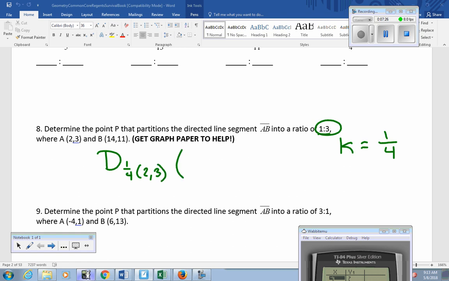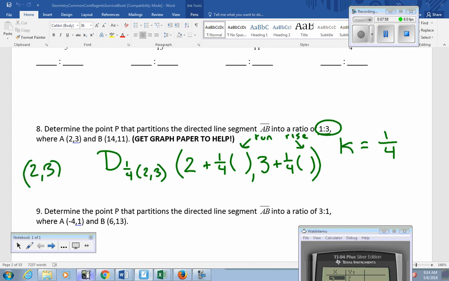So how this will look is we'll have our first number in each part of the parentheses, and we're going to be adding to that first number the scale factor, and then in the parentheses next to the 1/4, it's going to go the change in the x, the run, and the change in the y, the rise. So I need to find the differences between those 2 points.